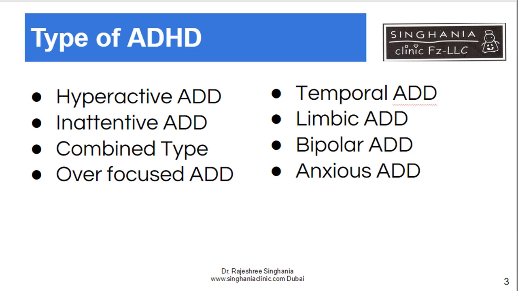The limbic type of ADD, which they are depressed and withdrawn. The bipolar type, or type 6, where they are hypersensitive to sounds, noise, and are extremely hyperactive. It's also known as the ring of fire ADD. And the anxious ADD, where they look like anxious or worried, but actually they also have ADD.